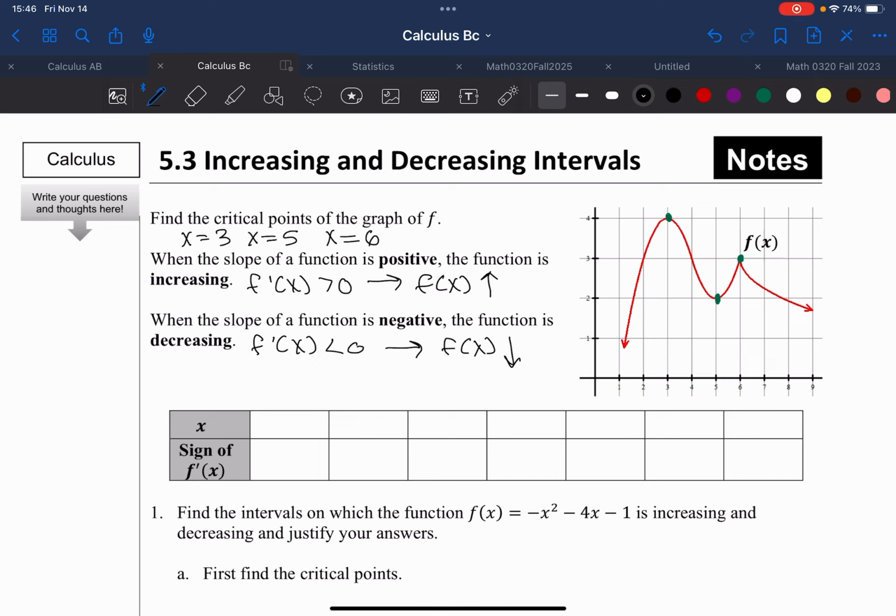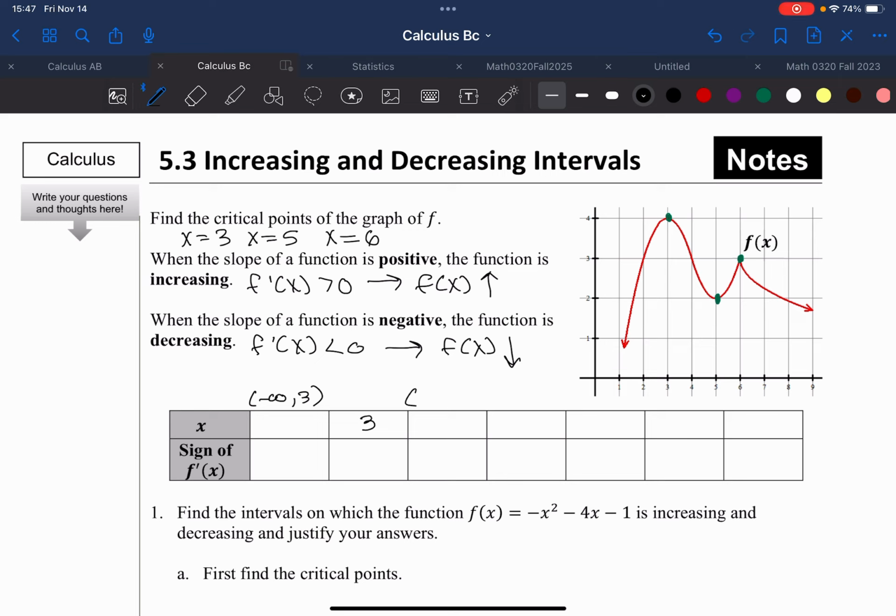So now that we established those critical points, let's look at the values surrounding those critical points. Let's look at the intervals of each one. Since our first critical point is 3, my first interval is from negative infinity to 3, which means my critical point is at 3.